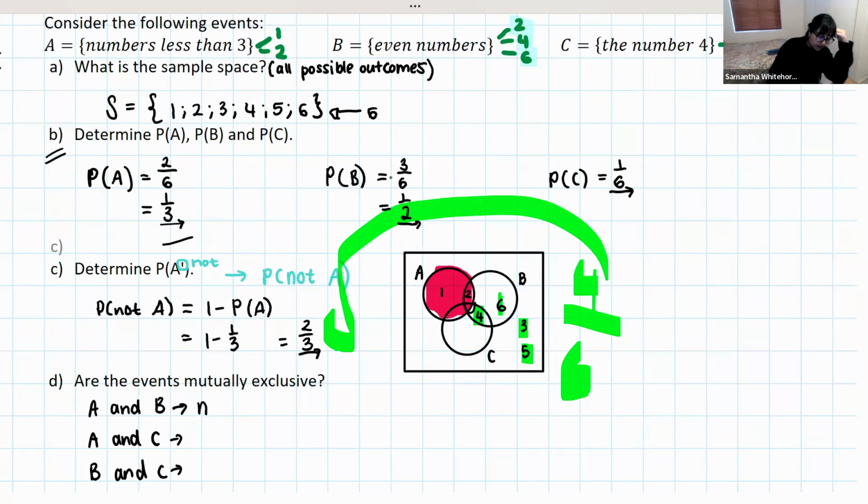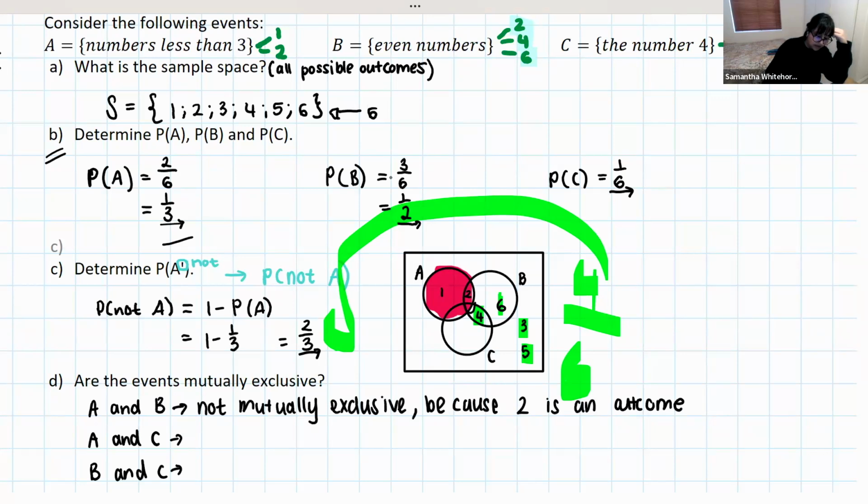So these are not mutually exclusive, because 2 is an outcome in both. It didn't say give a reason, but we're going to give a reason.